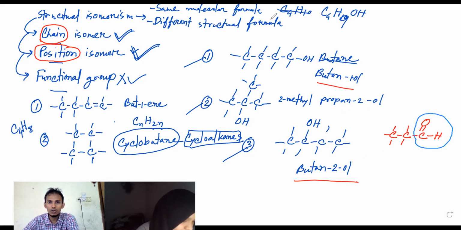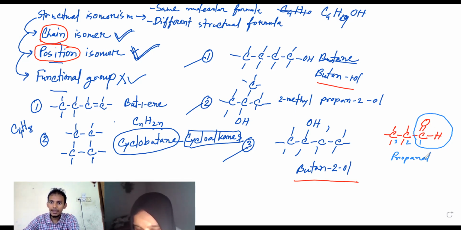Whatever, very shortly we have discussed this in your O level, a very short discussion. So this is 1, 2, and 3. So this is propanal. Al at the end is for aldehyde, so it's propanal.